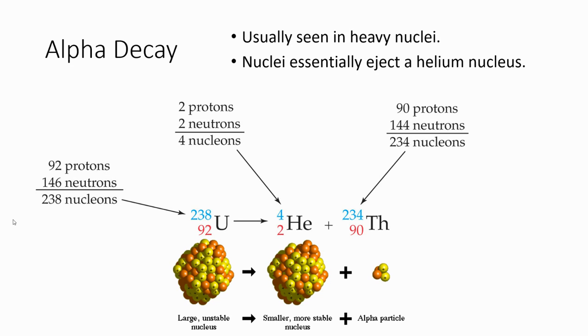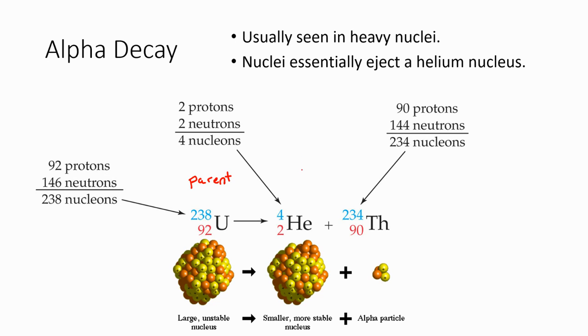In the case of uranium 238, our parent isotope, we have a massive nucleus that contains 92 protons and 146 neutrons, and that is an unstable isotope due to the mass of that nucleus. The process of alpha decay is one in which the nucleus itself ejects a small chunk of the nucleus in the form of what's called an alpha particle.